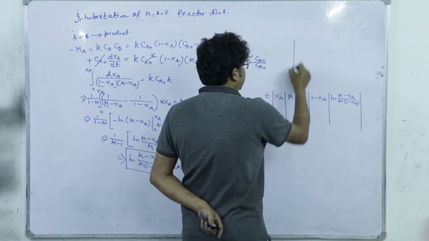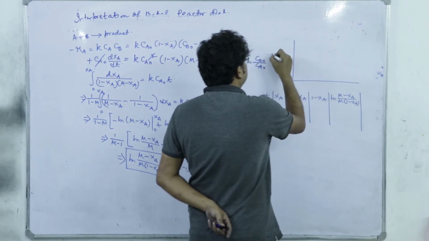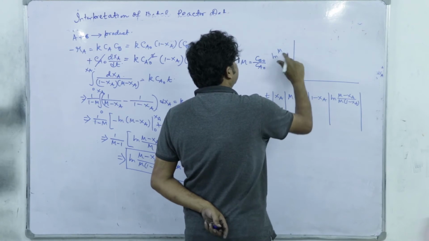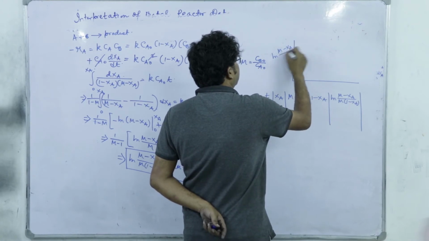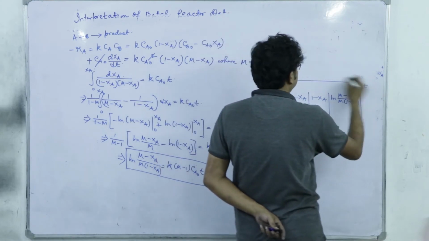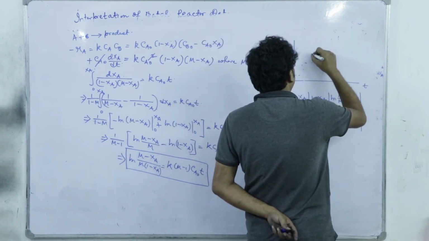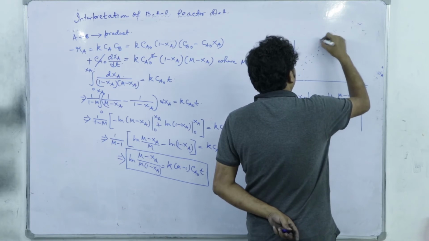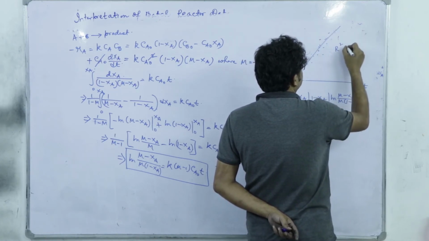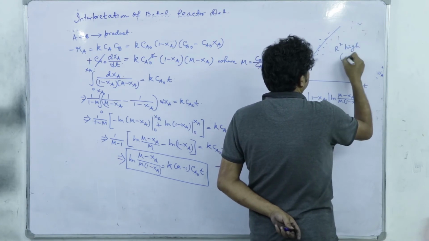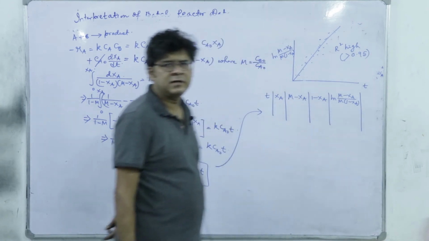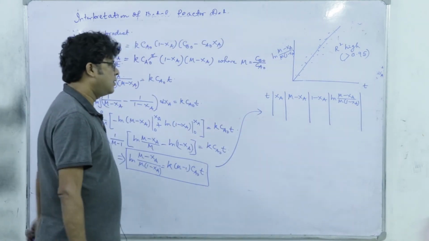Once we generate it, we will plot that ln M minus Xa over M into 1 minus Xa versus t, and if I have a straight line passing through the origin with high r square, right, greater than say 0.95, it must corroborate to the second order kinetics.